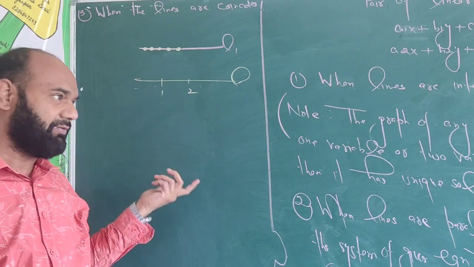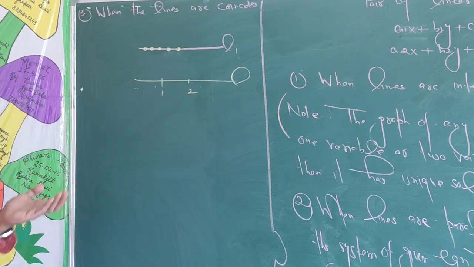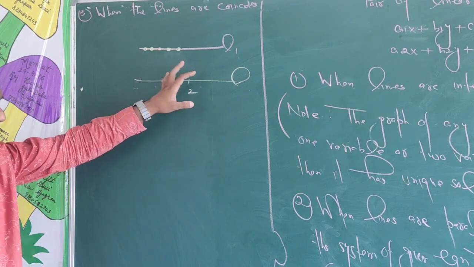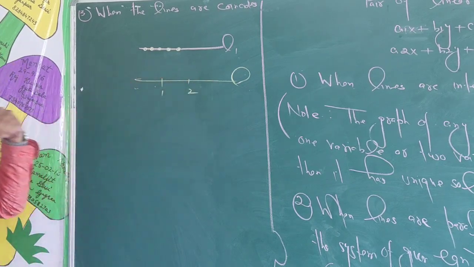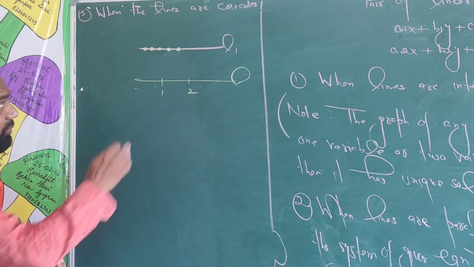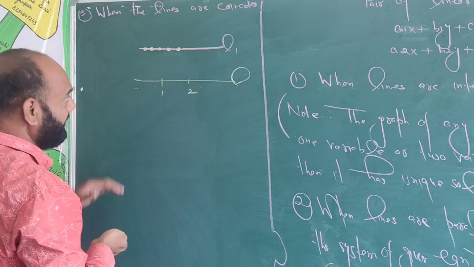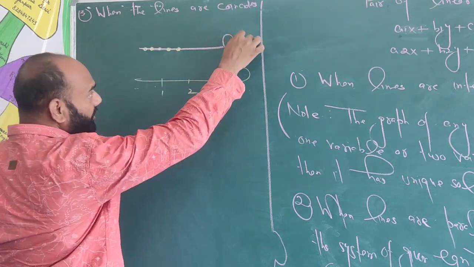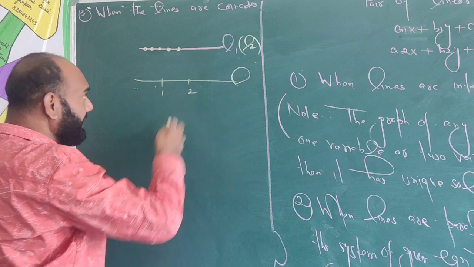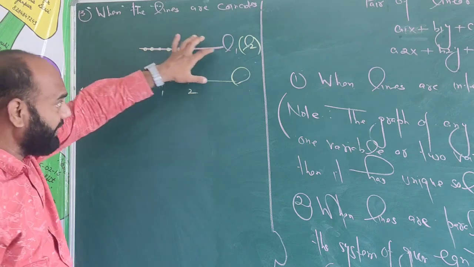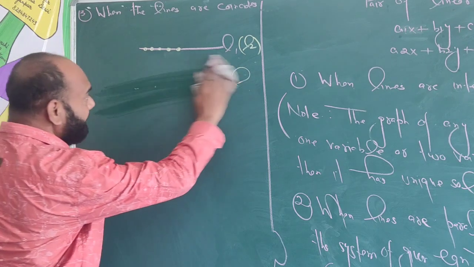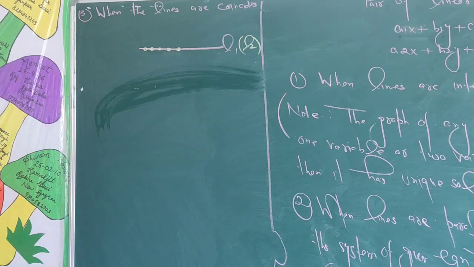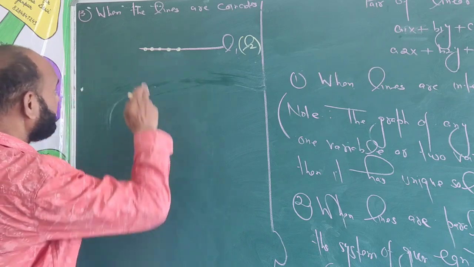For example, this is 1.1, 1.2, 1.3, 1.9, 1.10, 1.100, 1.5, 1 crore, 1.10 crore, 1 million, they are not countable. So when two lines coincide, one line lies upon the other line. So all the points are common and these points are not countable. So in this condition, the system of given equations has infinitely many solutions. It is clear from the graph.